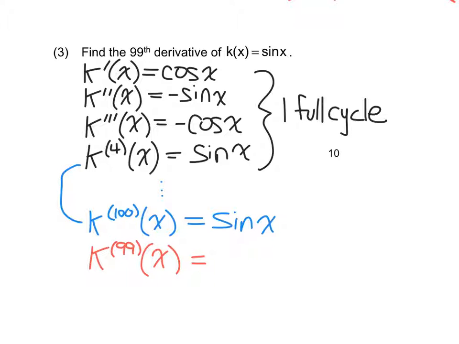Because it goes in a pattern of 4. Thinking about the way the cycle goes, you're going to have that and then another and another. You have to think about how you get to the final number, which would be 100, or rather the closest multiple of 4 to it.